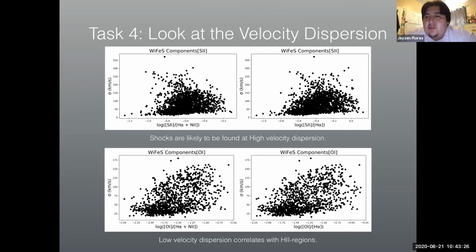There is a similar trend in both of these plots: as velocity dispersion becomes higher, it is more likely to find shocks present. And points of low velocity dispersion can correlate with H2 regions in the bottom left. So we can use these velocity dispersion maps to make demarcations, which we are looking to make in the future.